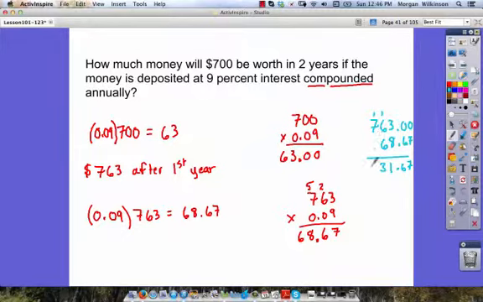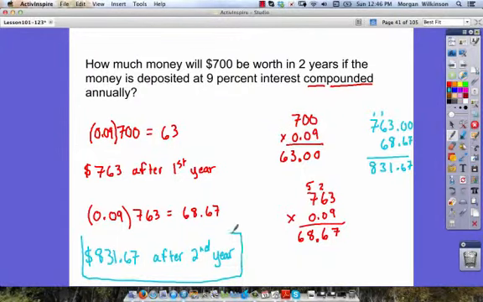We've got to carry our 1 again. We must have an 8. So our final answer would be $831.67 after the second year. We'll go ahead and box that one because that's our final answer.